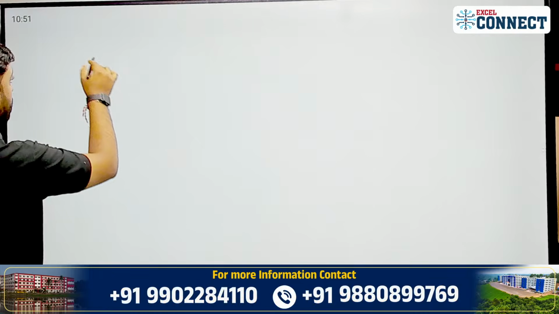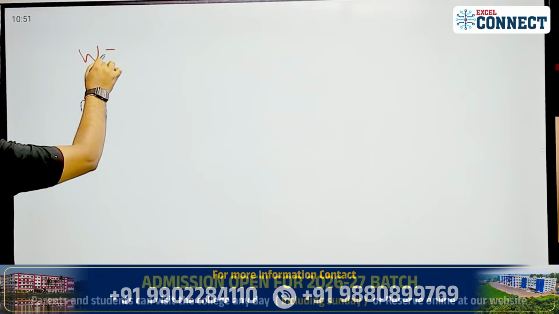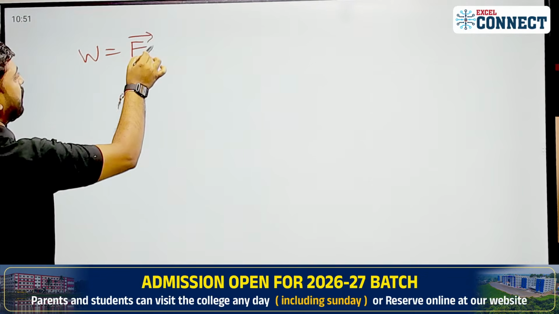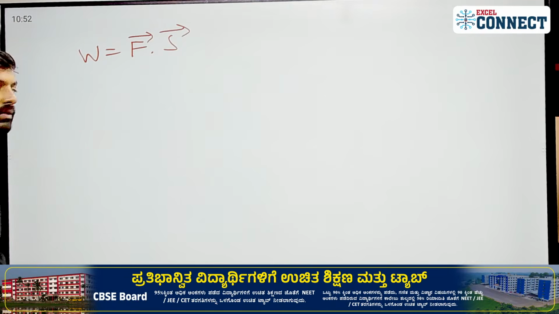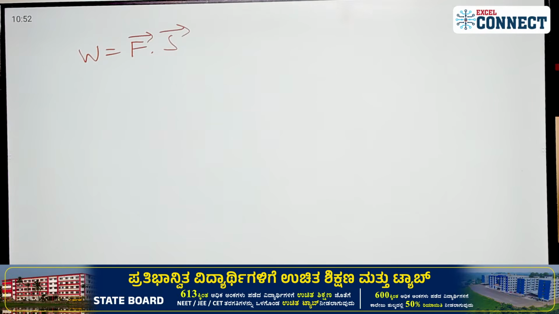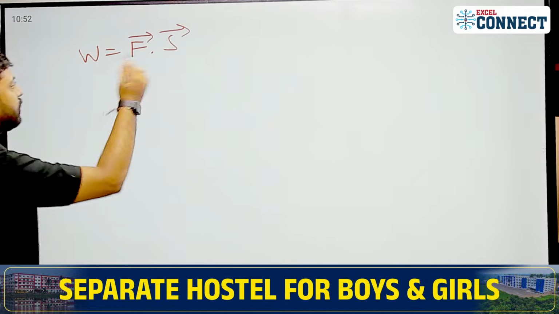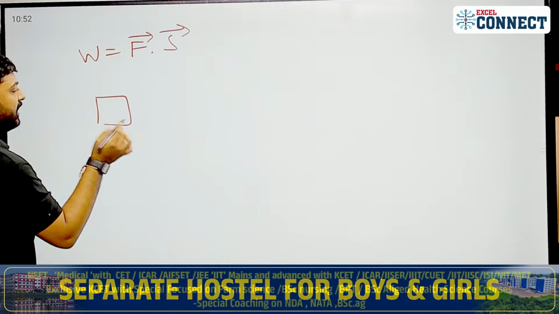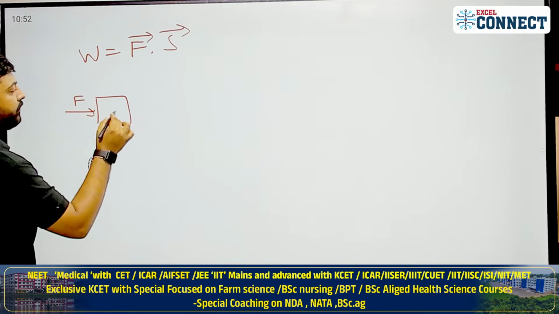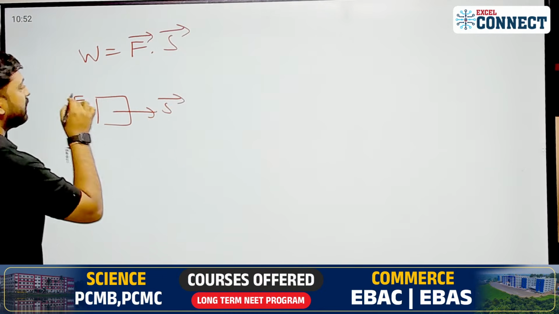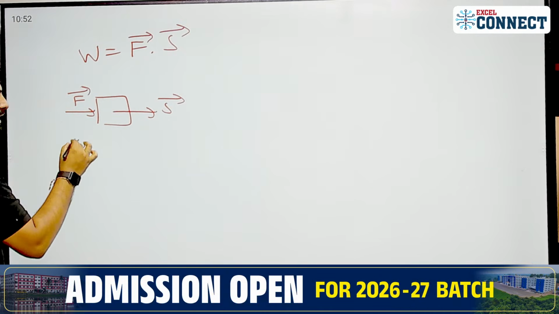You know the formula, work done is F vector dot S vector. Why is this a dot product? Why is it not a cross product? Work done is maximum when force and displacement are in the same direction, that is, theta is 0.